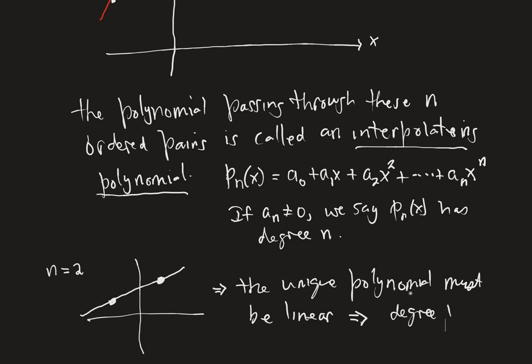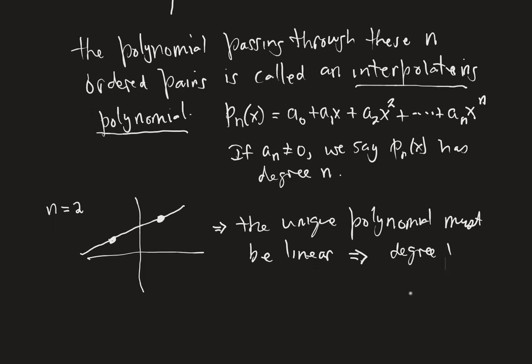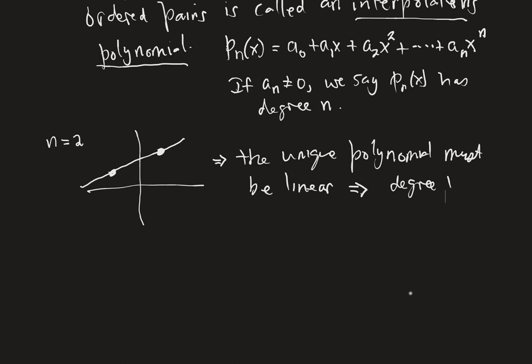All right. So what I'm going to do is just illustrate the pattern between the number of given ordered pairs and what degree will guarantee something unique.